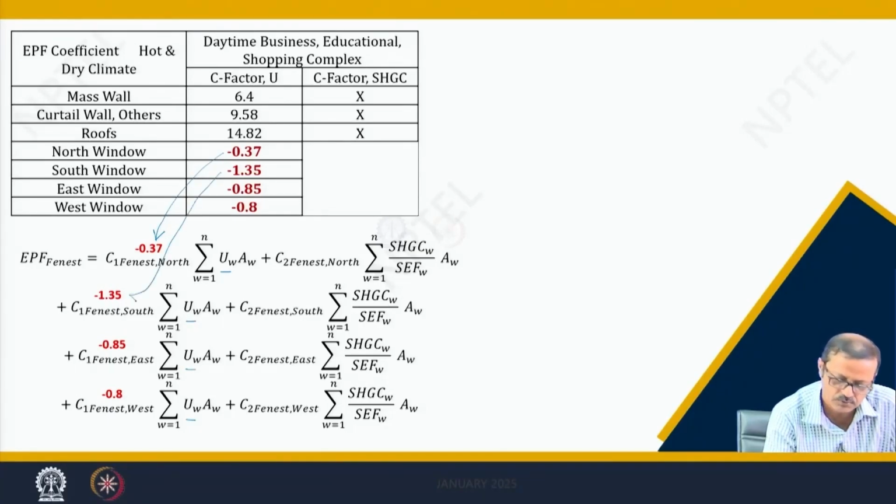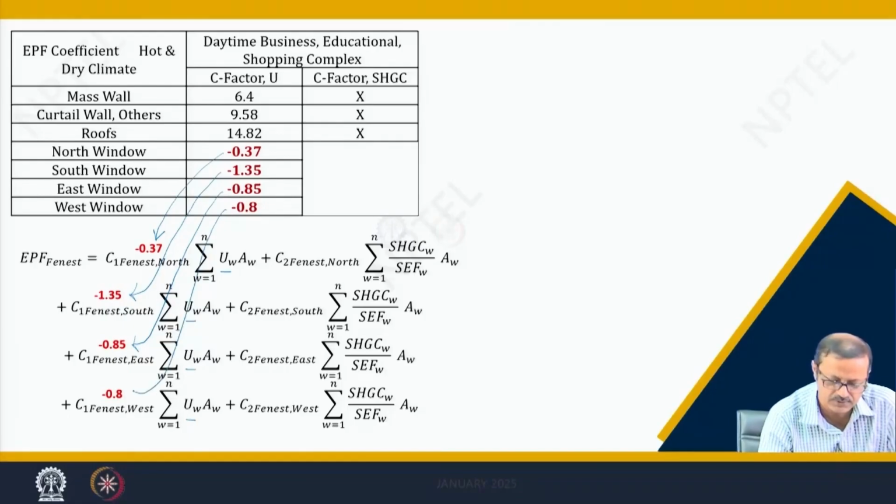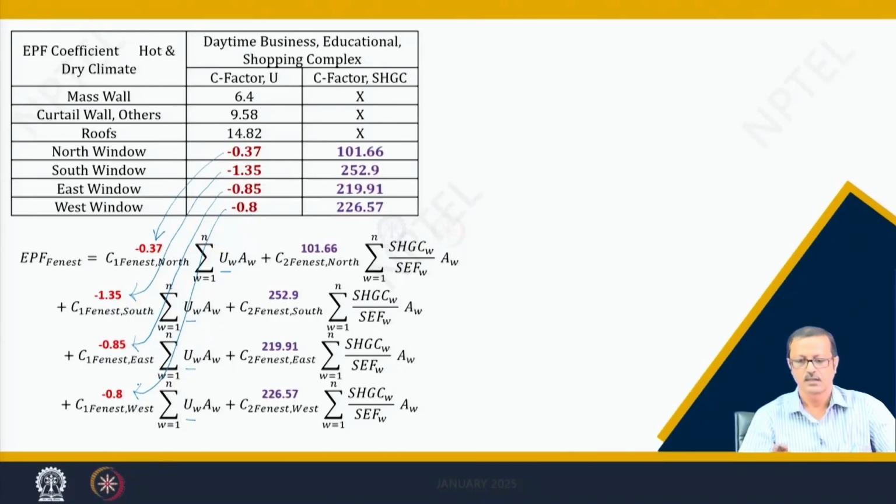Minus 0.85 is for the east and minus 0.8 is for the west, and these purple color big values are the C factor for SHGC, which is absolutely absent in case of the walls, because there is no concept of SHGC in the wall or opaque.